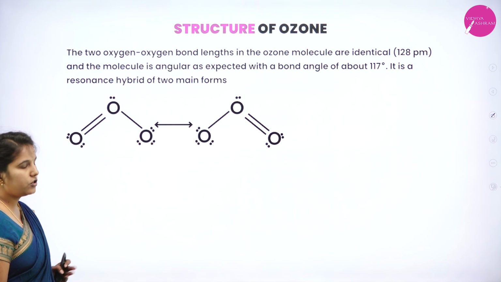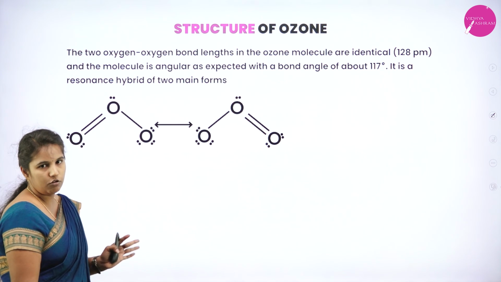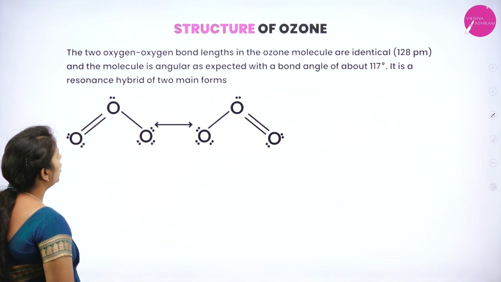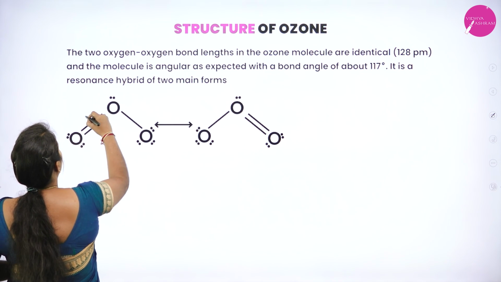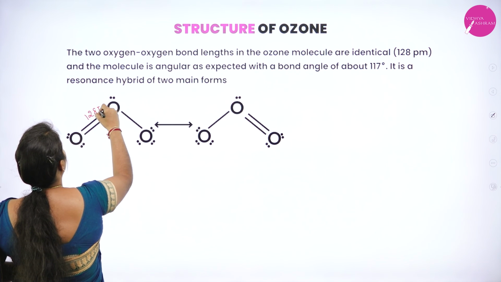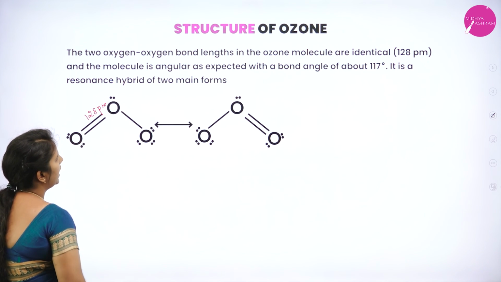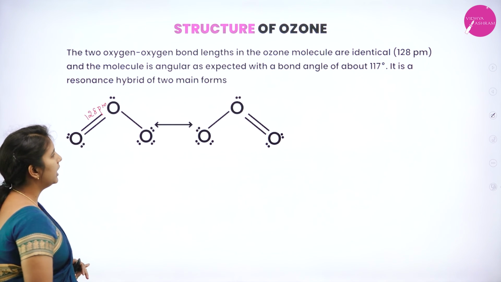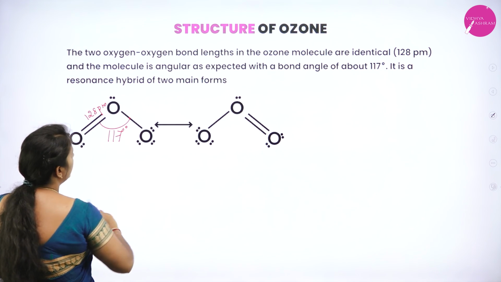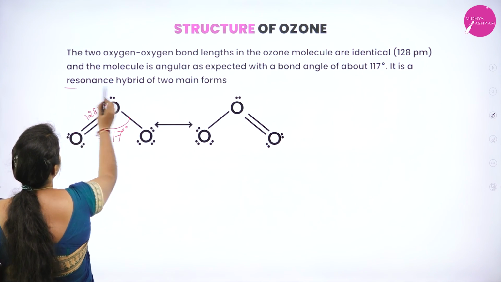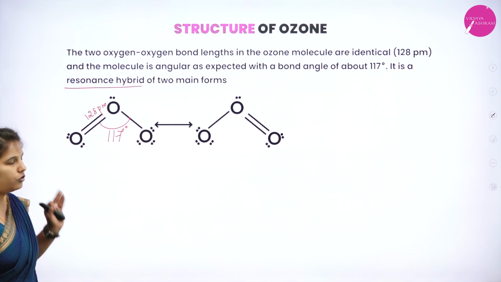Coming into the structure of ozone, ozone has 3 oxygen atoms, as you know. The oxygen-oxygen bond length in the ozone molecule is around 128 picometer, and it has a bond angle of around 117 degrees, and it is a resonance hybrid of 2 main forms.